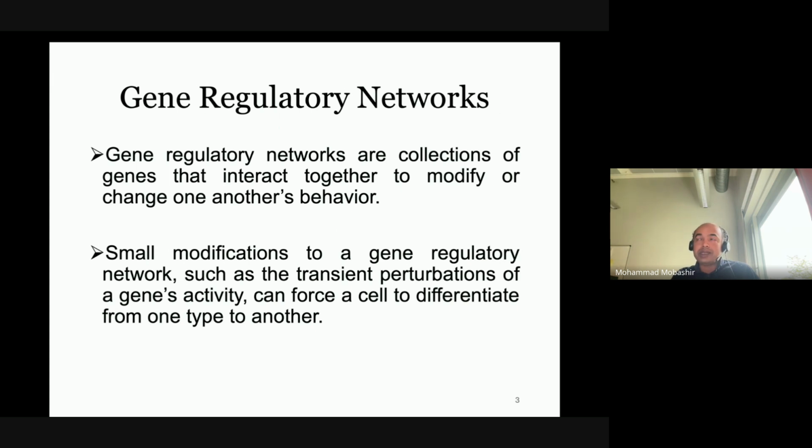Transient means short term change in a gene's activity could force a cell to differentiate or could force a cell to go for apoptosis or proliferation or growth. So this is quite basic to understand.